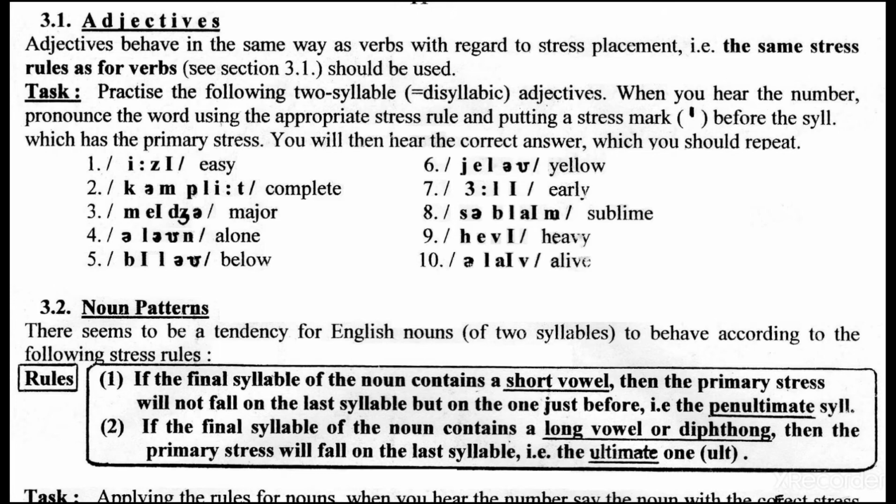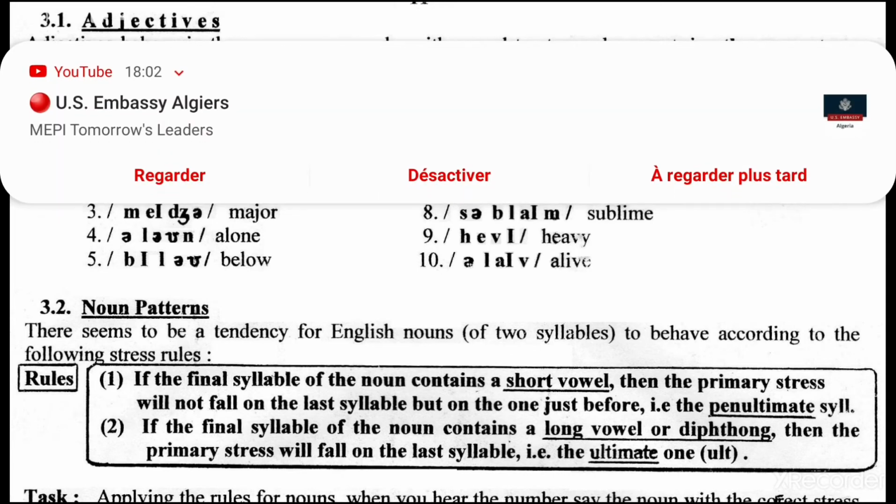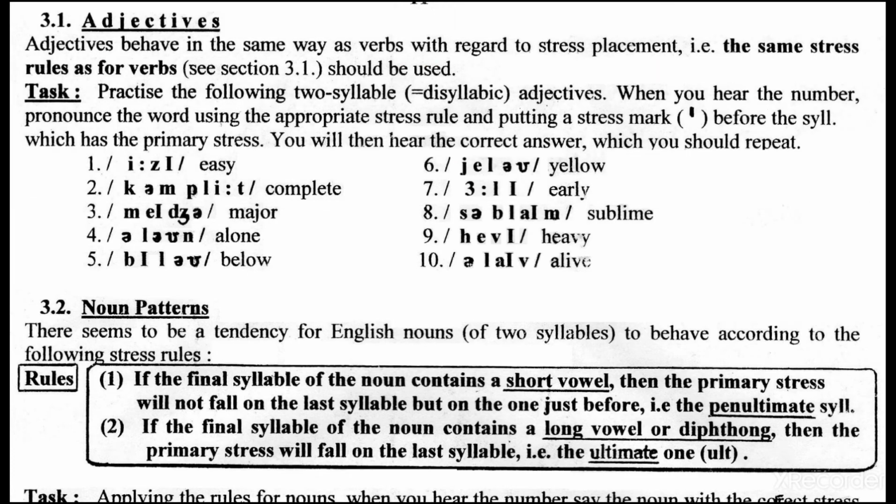So here the stress is on the penult because we have applied rule 1C, because we don't have rule 1A and rule 1B, we have a short vowel, so we have applied rule 1C.